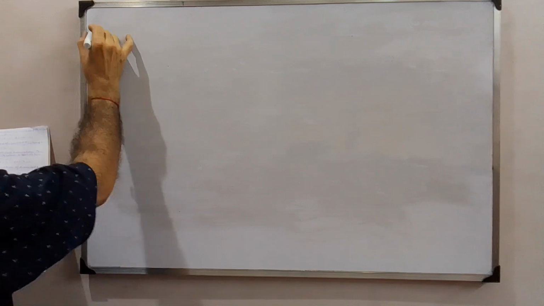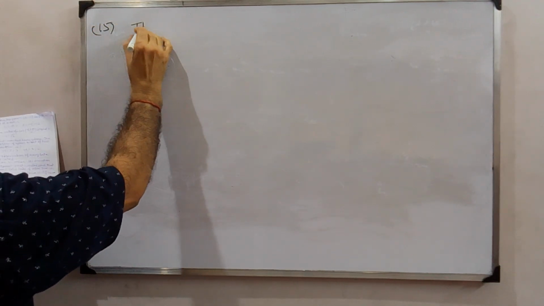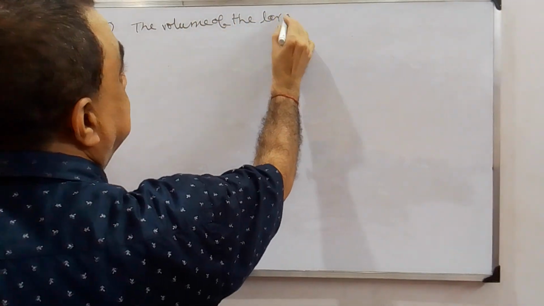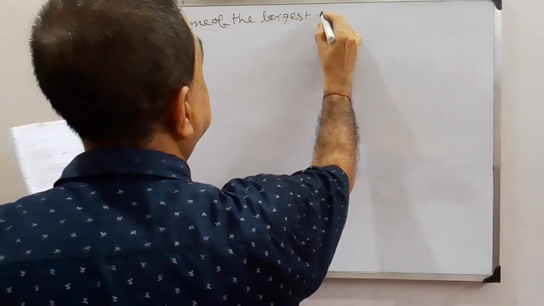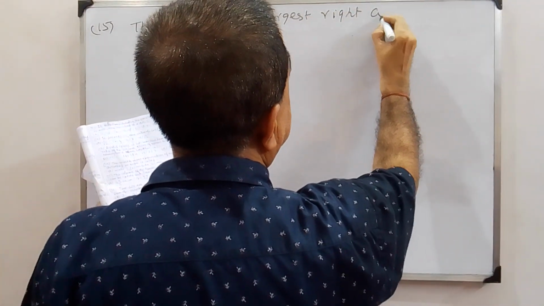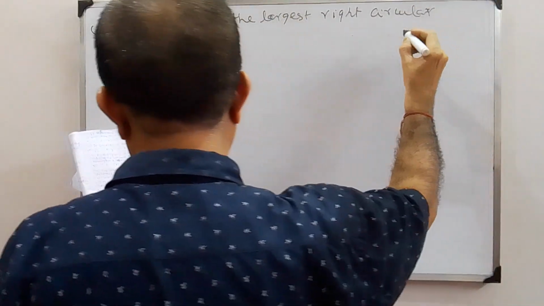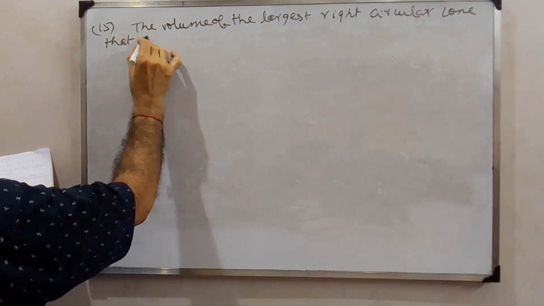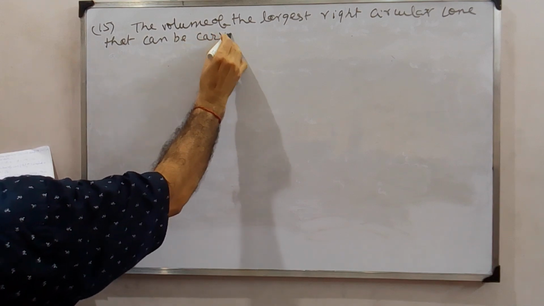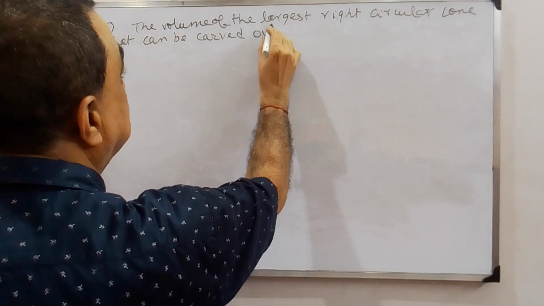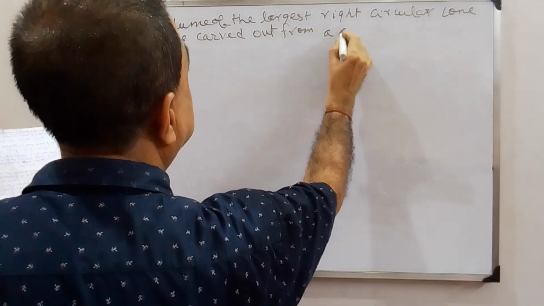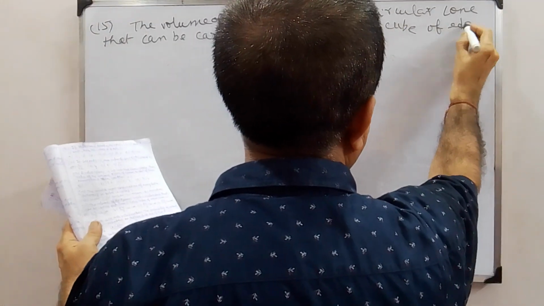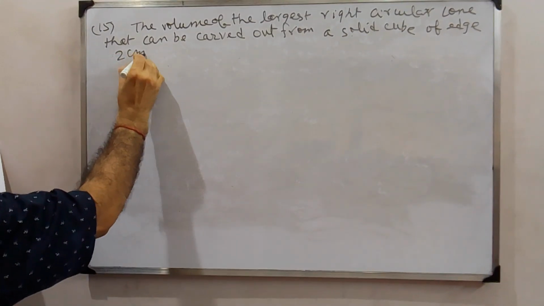Number 15: the volume of the largest right circular cone that can be carved out from a solid cube of edge 2 centimeters is.